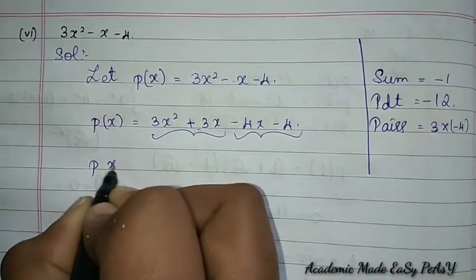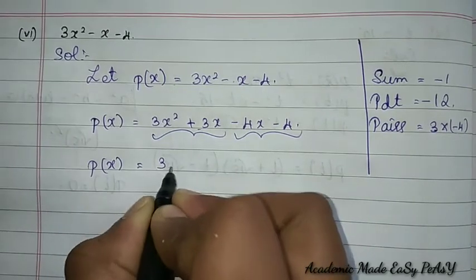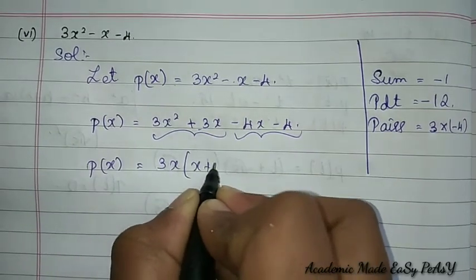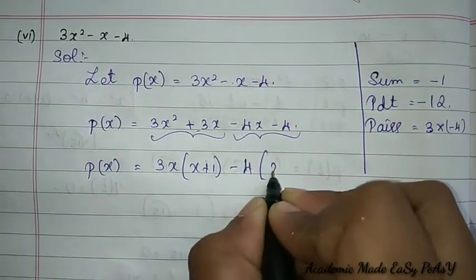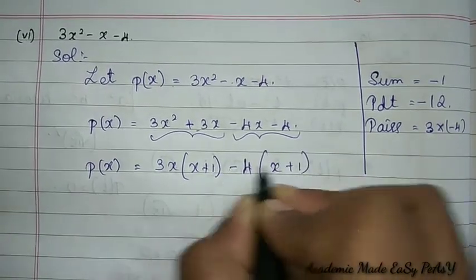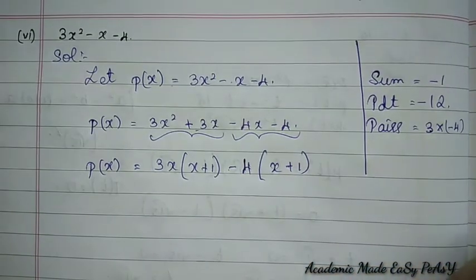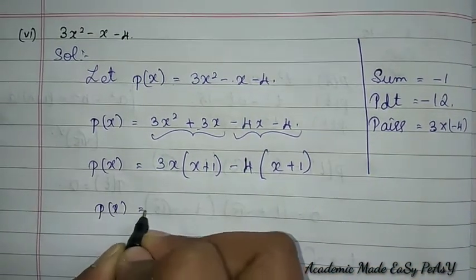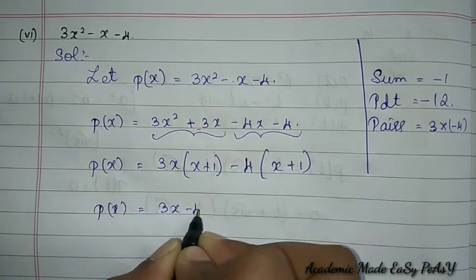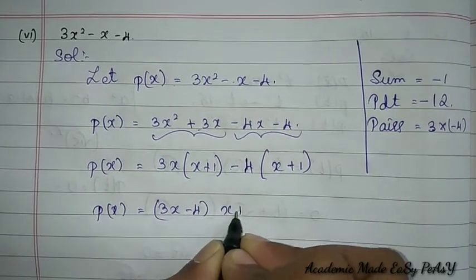So p of x is equal to 3x into x plus 1 minus 4 into x plus 1. So minus into plus is minus, that is why I have written it like that. So p of x is equal to 3x minus 4 into x plus 1.